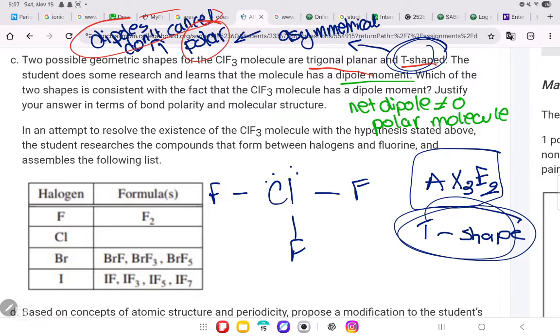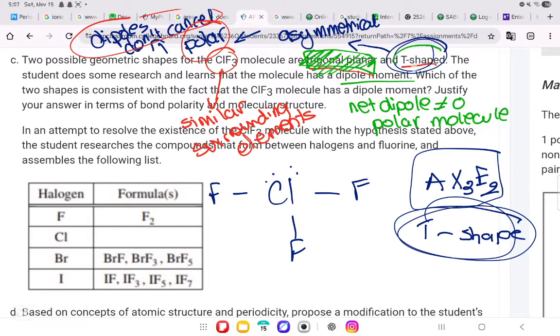ClF3 has similar surrounding elements, so this is not going to determine whether it's polar or non-polar. Instead, the shape is going to determine. If it's a non-polar molecule, it should be a symmetrical shape. So trigonal planar is a symmetrical shape, which is why it will result in a non-polar molecule, whereas T-shaped is asymmetrical, so it will result in a polar molecule.